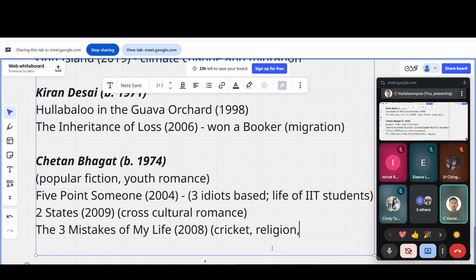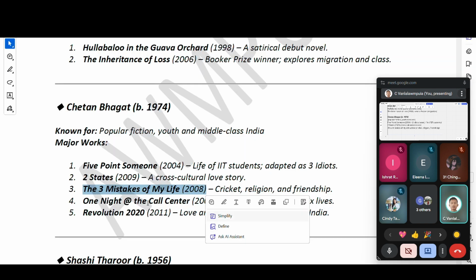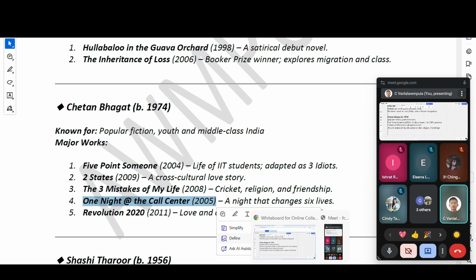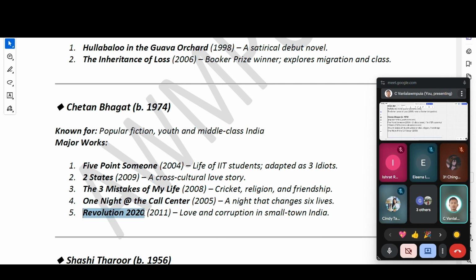Just jot all this down and memorize it. The next is One Night at the Call Center, and Revolution 2020, which is from 2011.